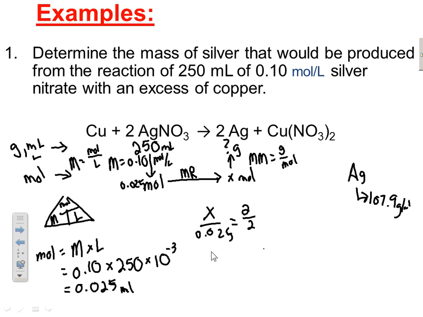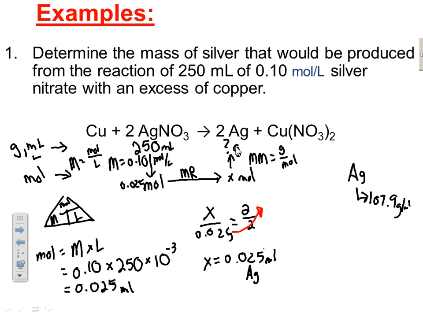And our opposite operations calculation brings that guy up to the top, where we can then multiply it. But it's 2 over 2. You're going to find that that cancels out, and so we have 0.025 moles of Ag, of silver. So now we've come across our mole ratio.